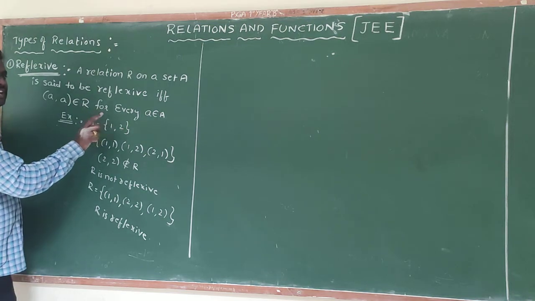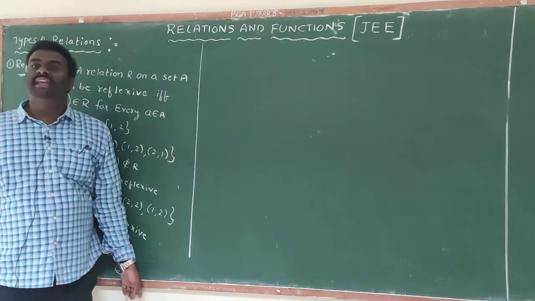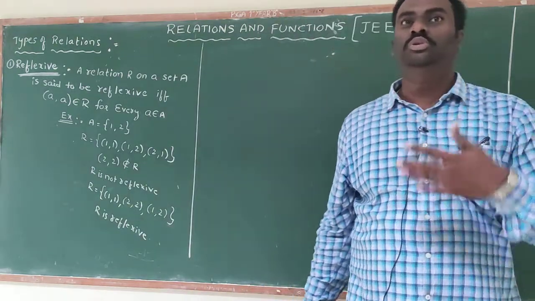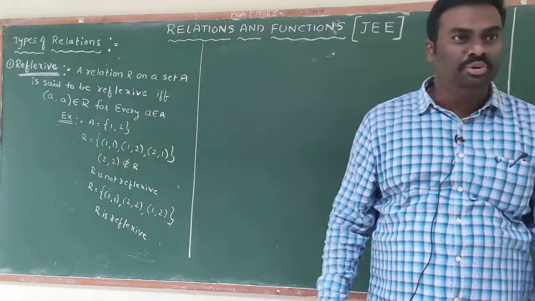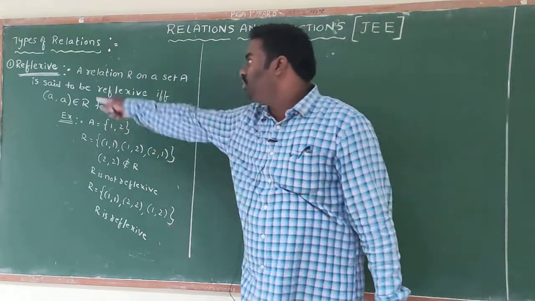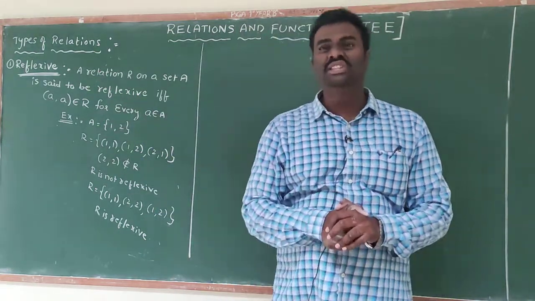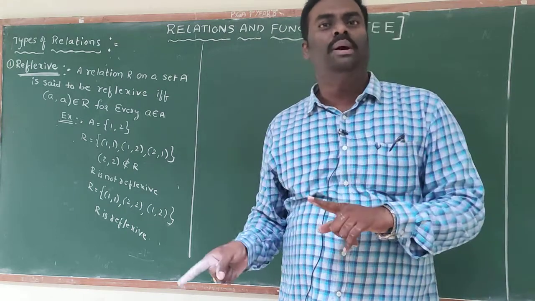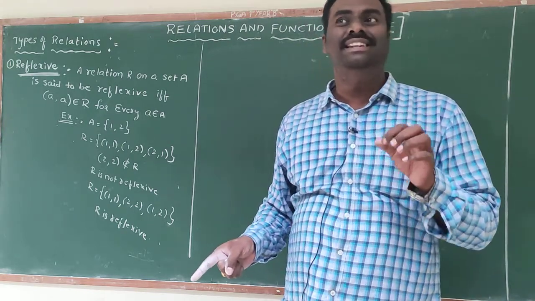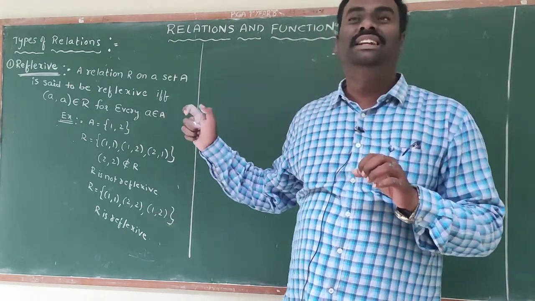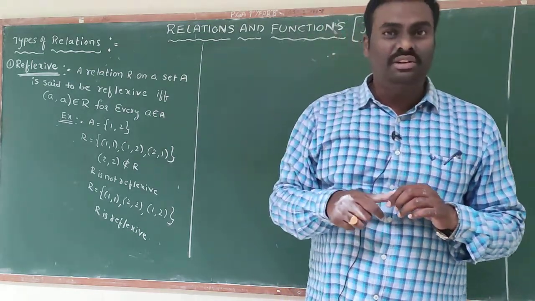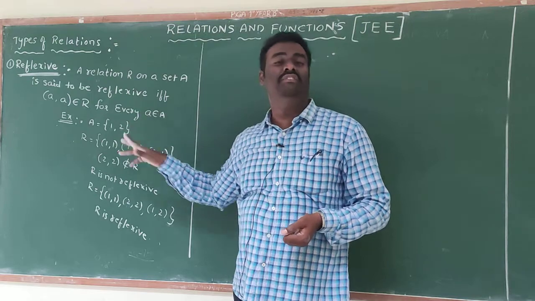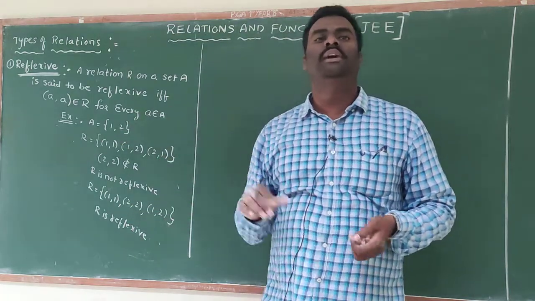If you take first element 1, the pair will be (1,1). If you take second element 2, the pair will be (2,2). If you want to verify it is reflexive or not, the pairs (1,1), (2,2) both are present in relation, then only that relation is called reflexive relation. In first example (1,1) is there, but which is missing? (2,2) is missing.